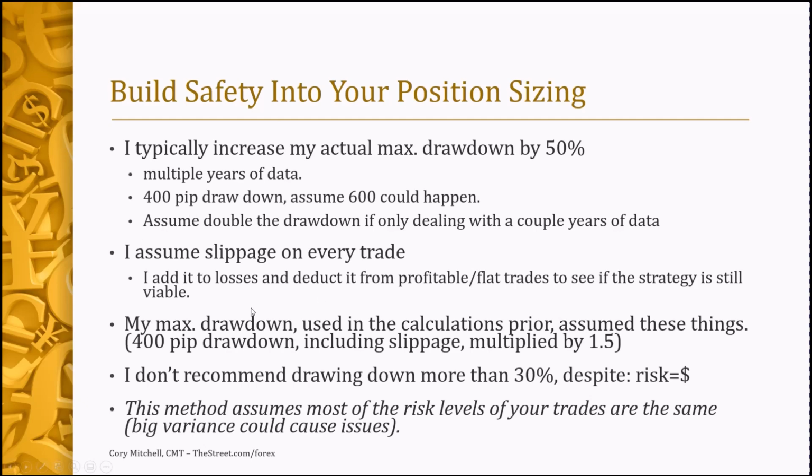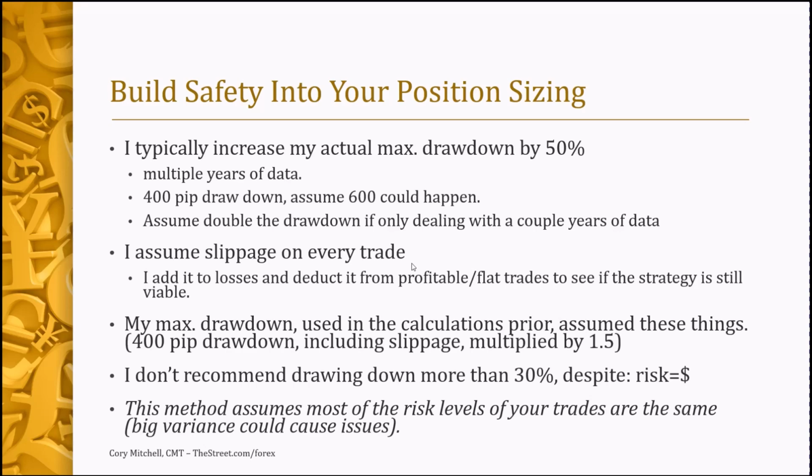You want to assume the slippage, and if you don't have a lot of data or you're a newer trader, I would double it. So if you had a 400 pip loss, then you add in slippage and it's 500 pips, assume that you could take a 1,000 pip loss. Build that in.